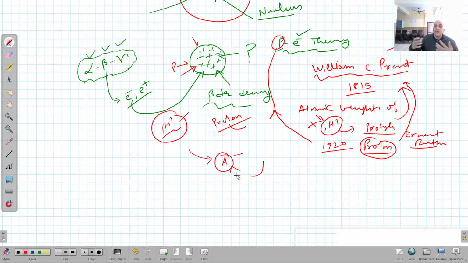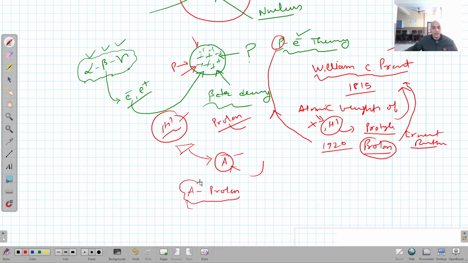Why? Because the whole mass of the atom is because of the atomic nucleus. So from these experimental results, we got the idea that the nucleus should contain A protons. One thing is clear, A protons, right?